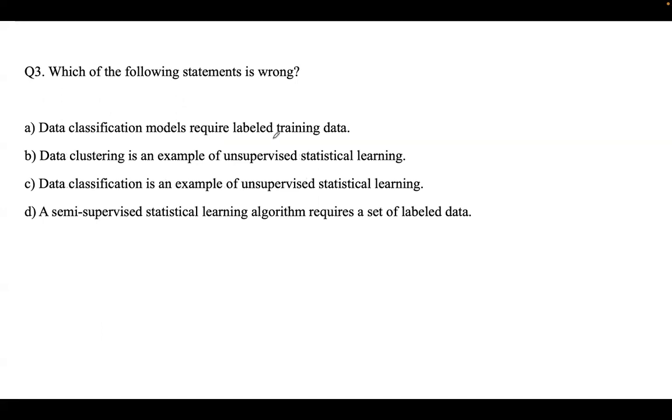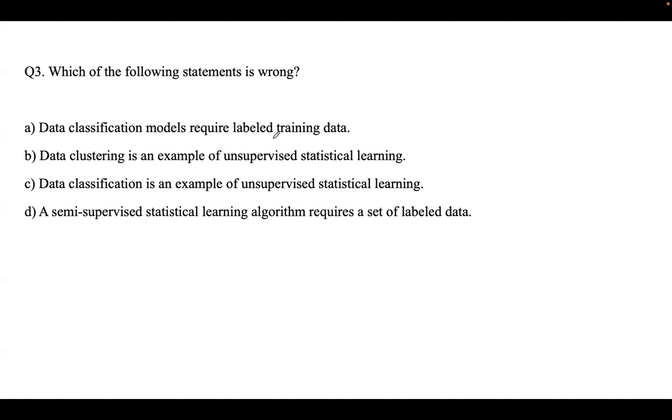Which of the following statements is incorrect? So when you classify data, it requires labeled training data. When you cluster, that is an example of unsupervised learning. When you classify data, that's an example of unsupervised learning.